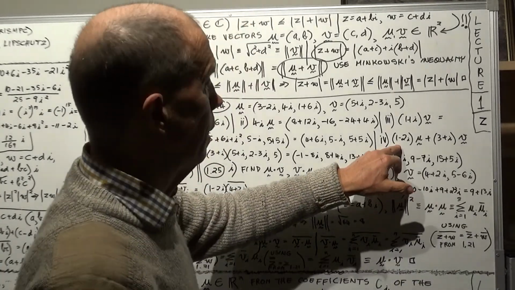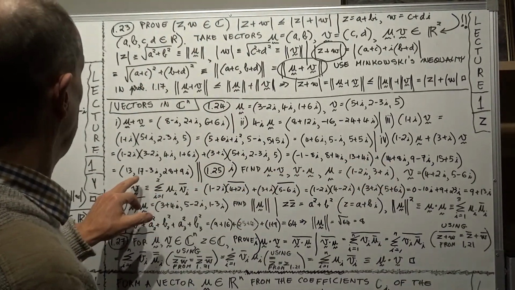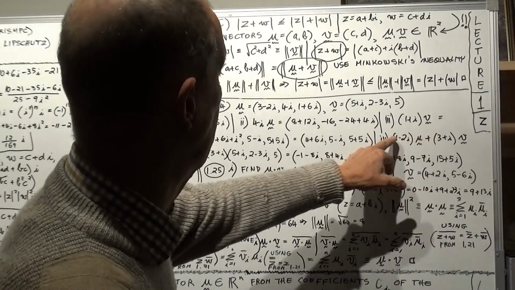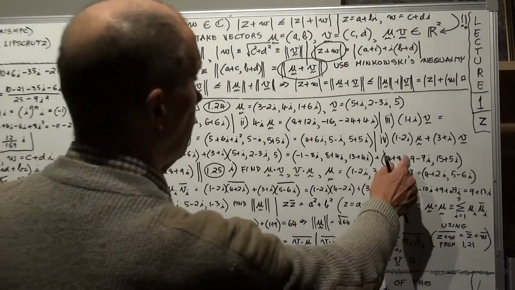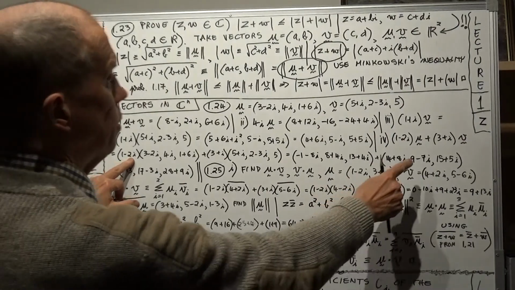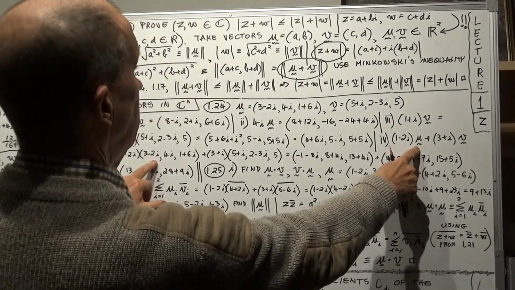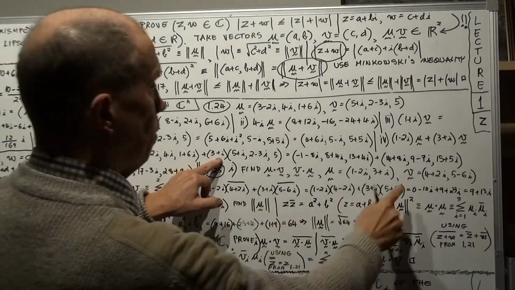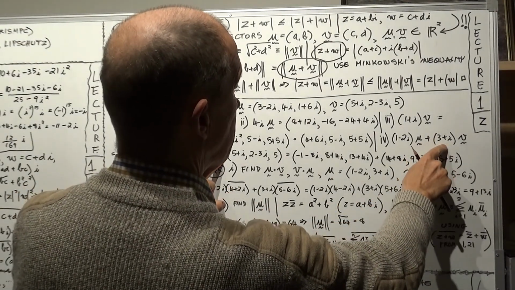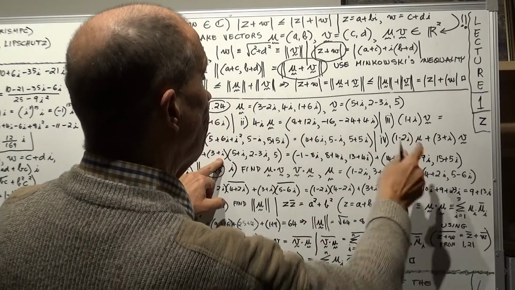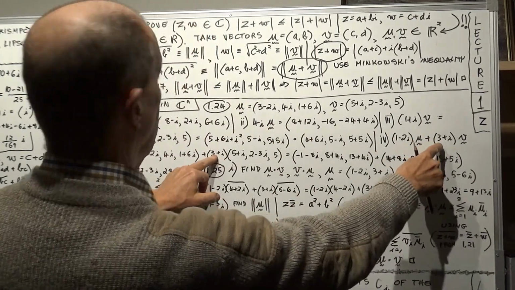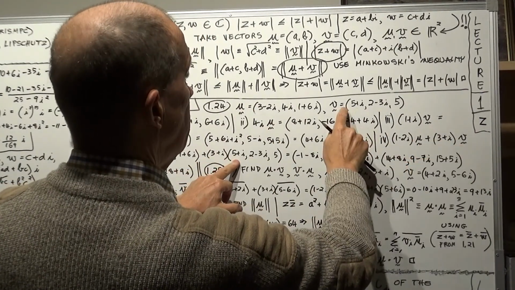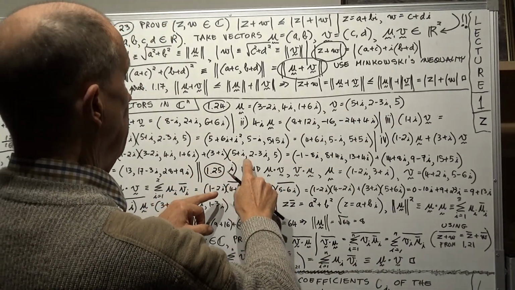So let's write it out now in full. So 1 minus 2i, and plug in u here. So u is here, so just write that in here. Plus this complex number, 3 plus i, and plug in v. Here's v, plug it in here.